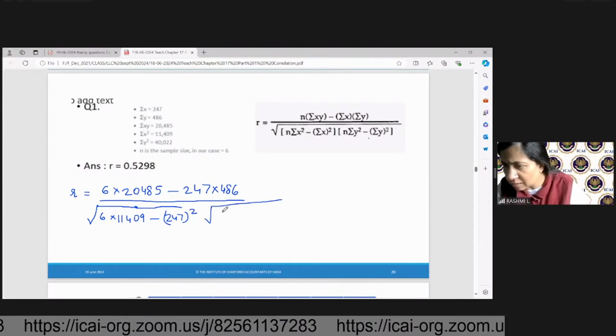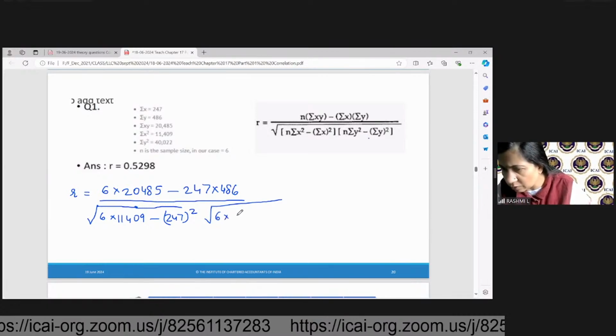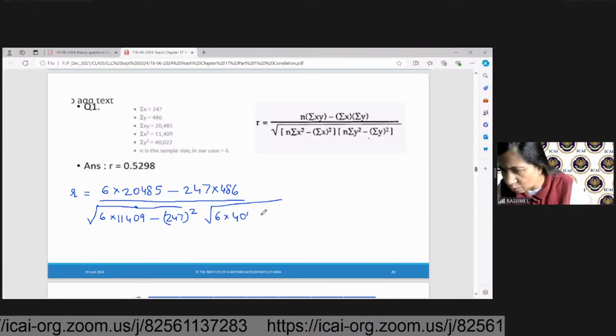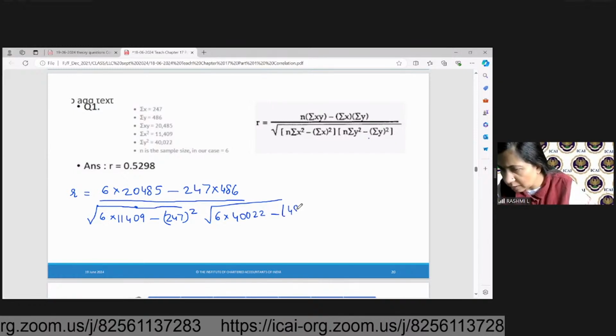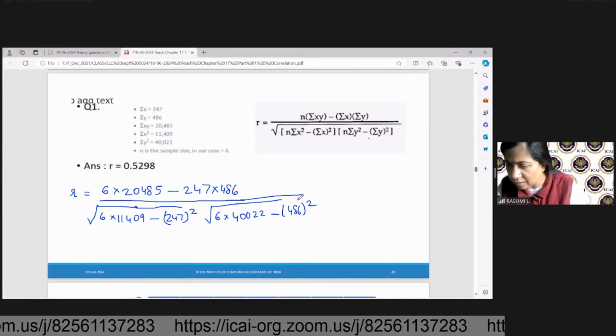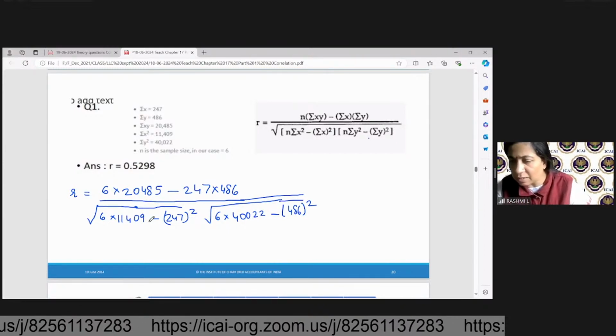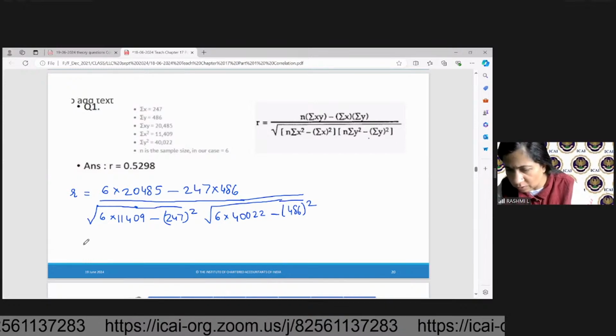And this is 6 into summation y square, 40022, minus summation y, 486, whole square. Okay. Now can anybody tell me the denominator, first square root and the second square root?